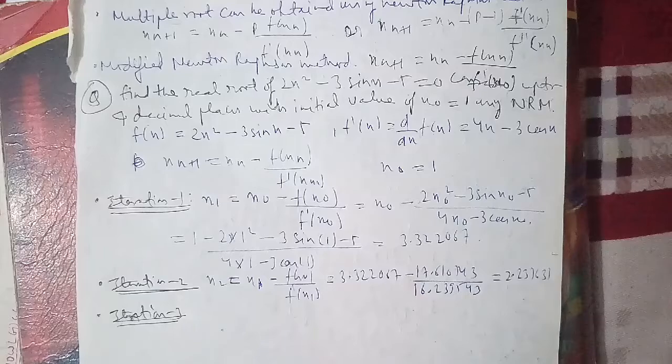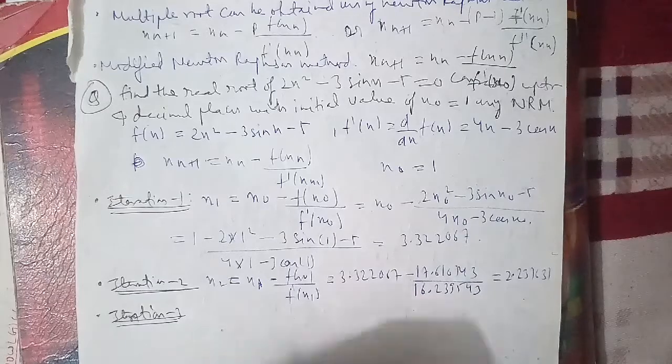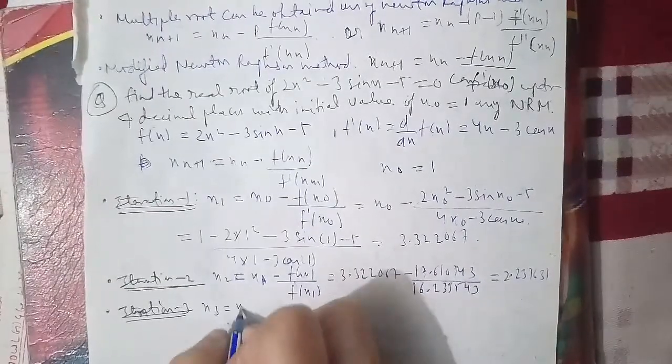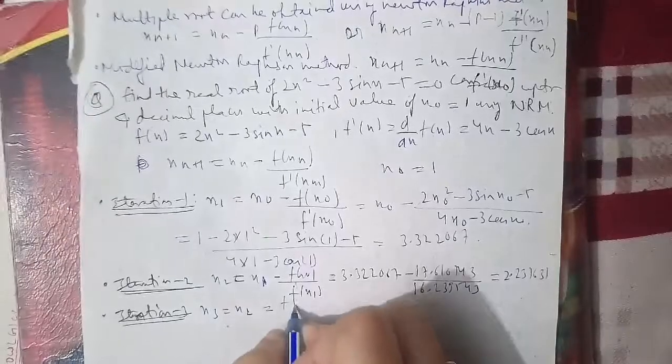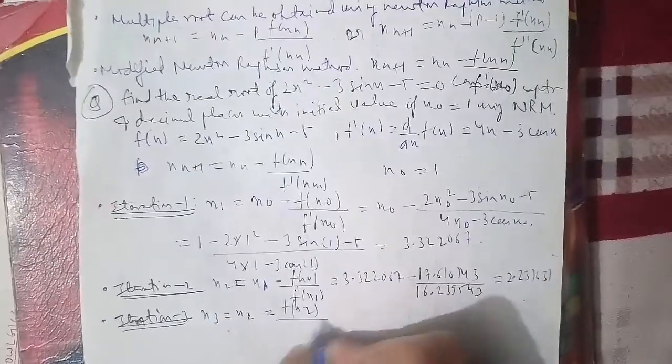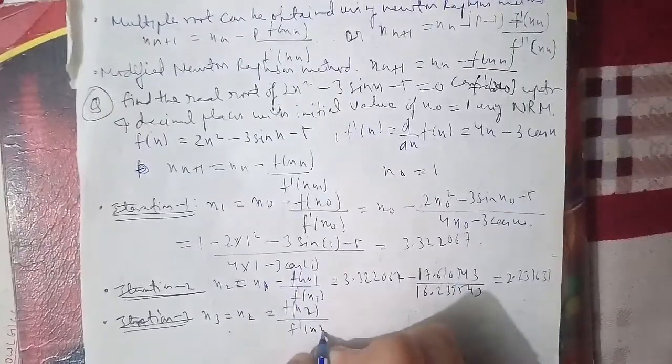For iteration 3, x3 equals x2 minus f(x2) upon f dash (x2).